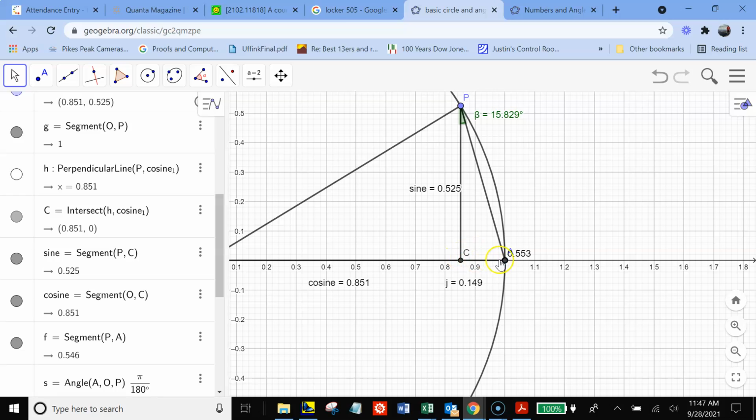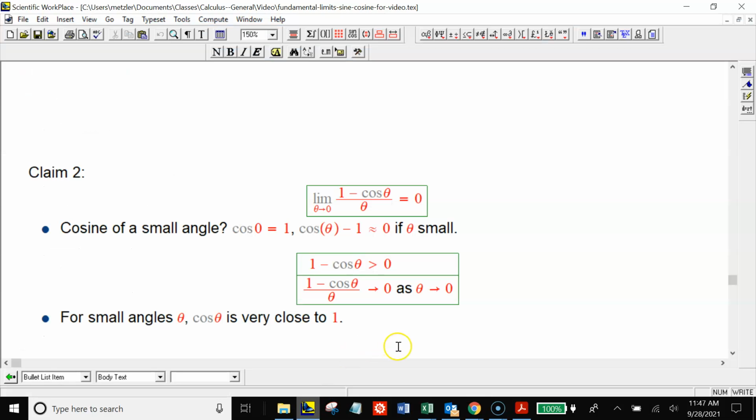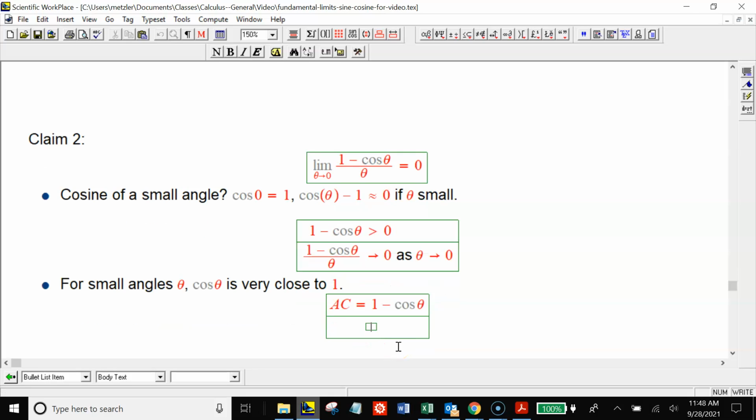So it turns out to be really nice to look at AC in this right triangle. And so AC, that's my 1 minus cosine theta. And remember the arc length, arc from A to P, that's just equal to theta, so I'm just going to call it theta. It's a nice one-letter thing. And then I'm also going to use the straight line distance AP.